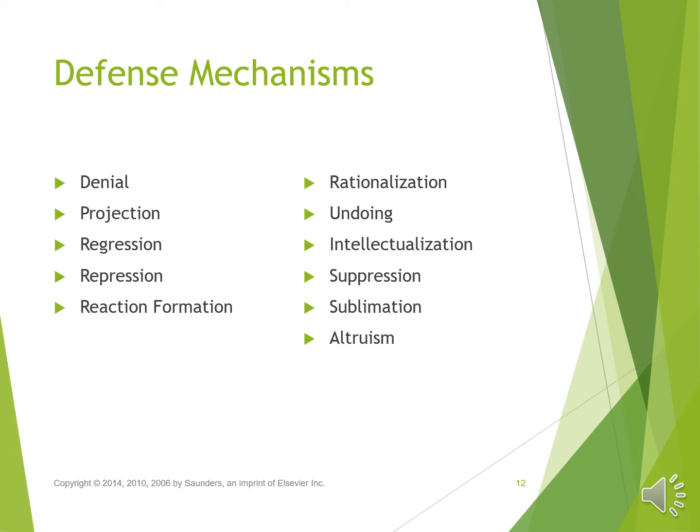That is sublimation. Next is altruism. Altruism is doing things for others to make yourself feel better. That is altruism. So we looked at various ego defense mechanisms. Some may be a mature defense mechanism and some are immature defense mechanisms.